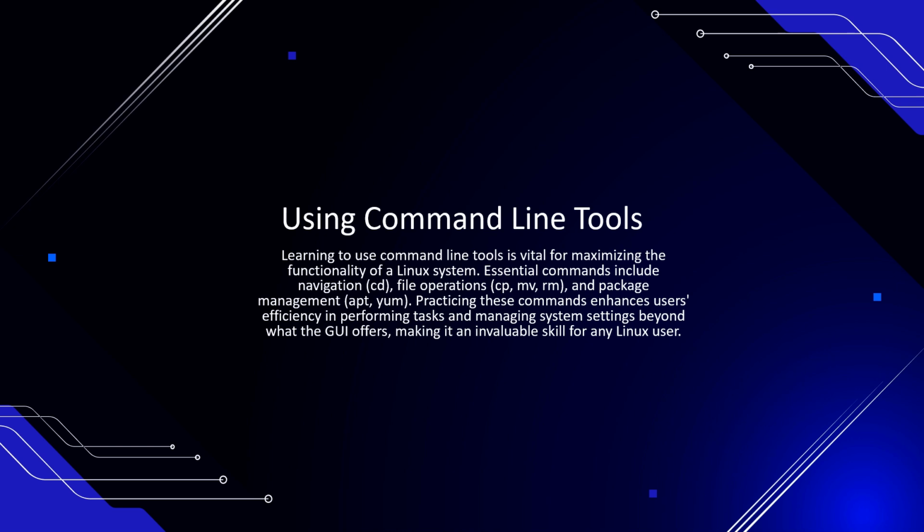Essential commands include navigation, or change directory, cd; file operations, copy, move, remove; and package management like apt or yum. Apt for Ubuntu, for example, and yum for Debian. Practicing these commands enhances users' efficiency in performing tasks and managing system settings beyond what the GUI offers, making it a valuable skill for any Linux user.